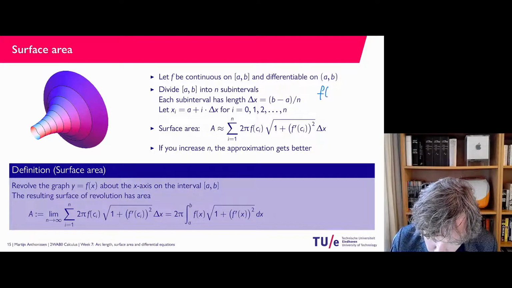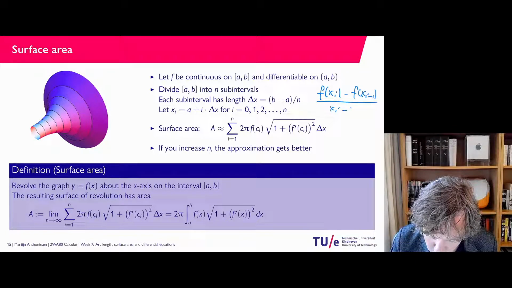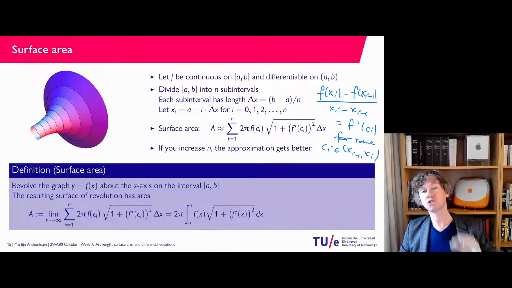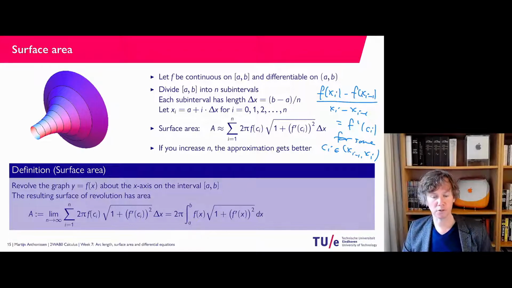We had that (f(x_i) minus f(x_{i-1})) over (x_i minus x_{i-1}) equals f prime(c_i) for some c_i in the interval (x_{i-1}, x_i). So the c_i from the mean value theorem, that is the c_i that you see appearing on all these slides.